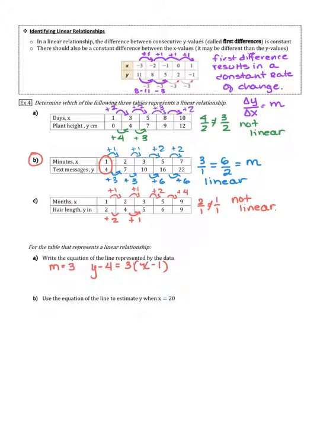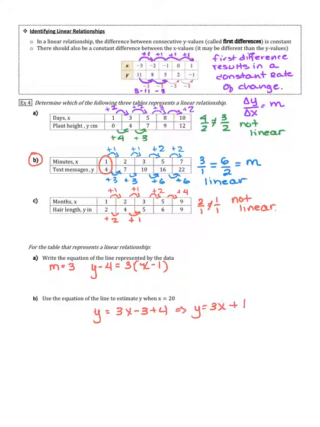Use the equation of the line to estimate y when x equals 20. Well, now here we might want to move things around, so maybe I will go ahead. y equals 3x minus 3 plus 4. So we know that gives us y equals 3x plus 1.